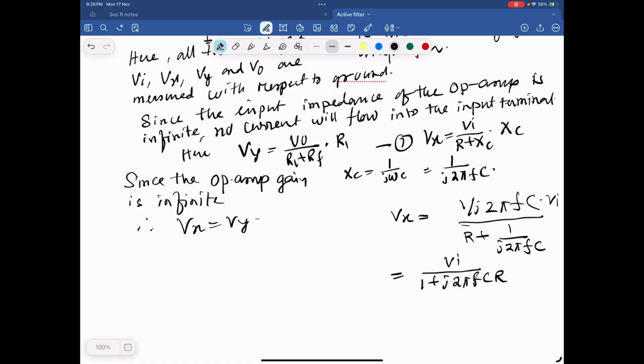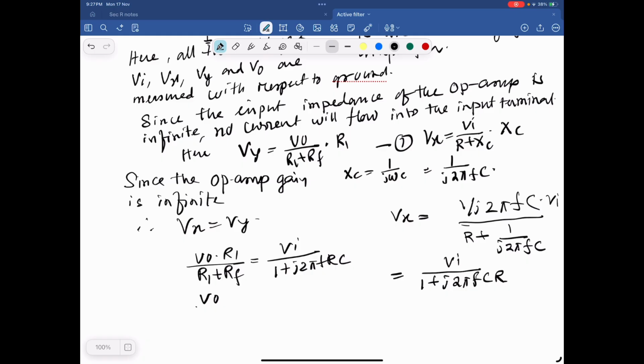What we have seen, Vx and Vy are both the same. So Vo into R1 by R1 plus Rf is equal to Vi by 1 plus j twice pi f RC.